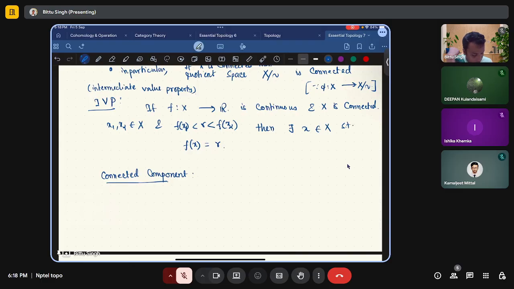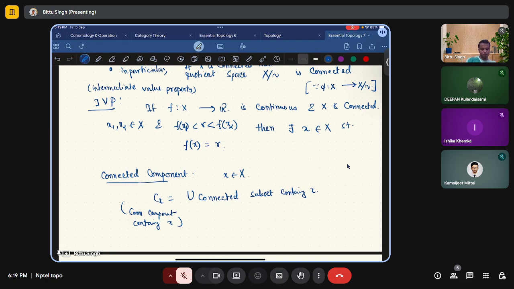Suppose x belongs to X, X a topological space, then the connected component which contains x, let me denote it by Cx, connected component containing x, will be defined by the union of all connected subsets containing this x.